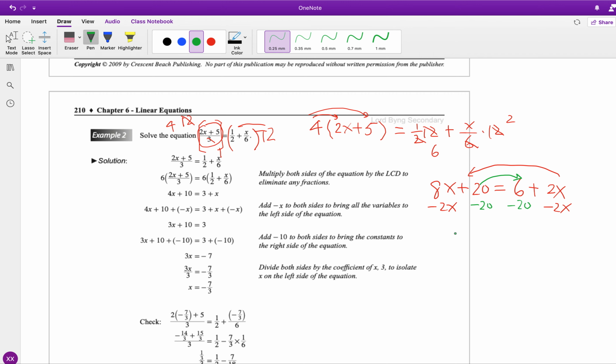So 8x subtract 2x is 6x, equals negative 14. Negative 20, positive 5, positive 6, and then divided by 6, x equals negative 7 over 3. And this is my solution.